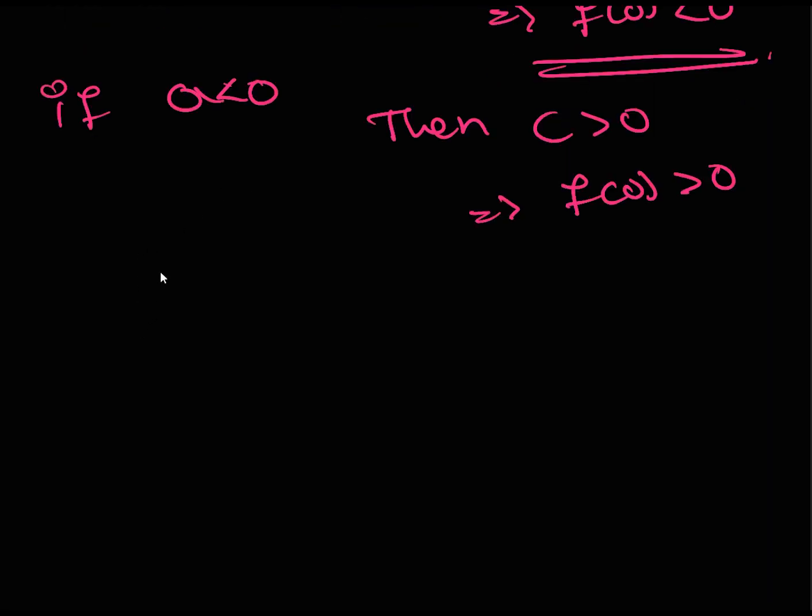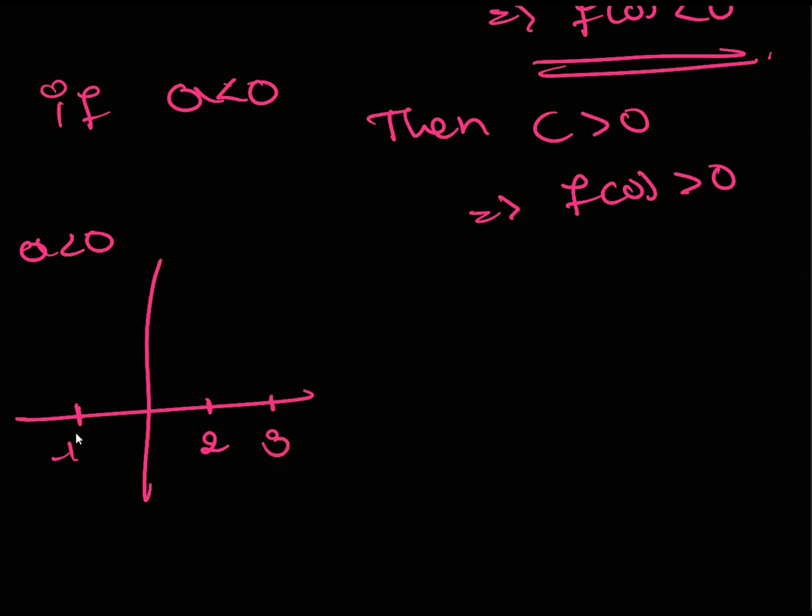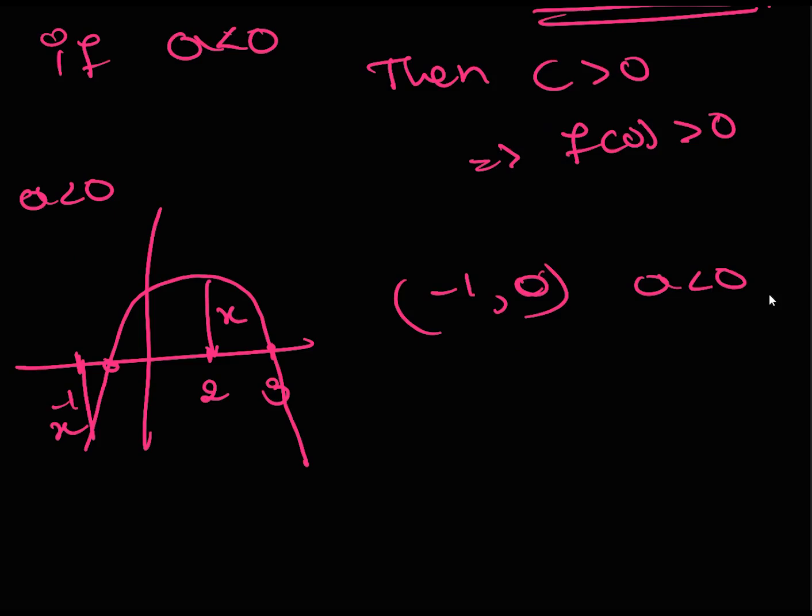Therefore, for a less than 0, the graph will look like this, with minus 1, 2 and 3. We know that the magnitudes of minus 1 and 2 are not the same, but the signs are different. So the graph will be like this, this is x and this is x. Therefore, the root lies between minus 1 and 0 for the case a is less than 0.